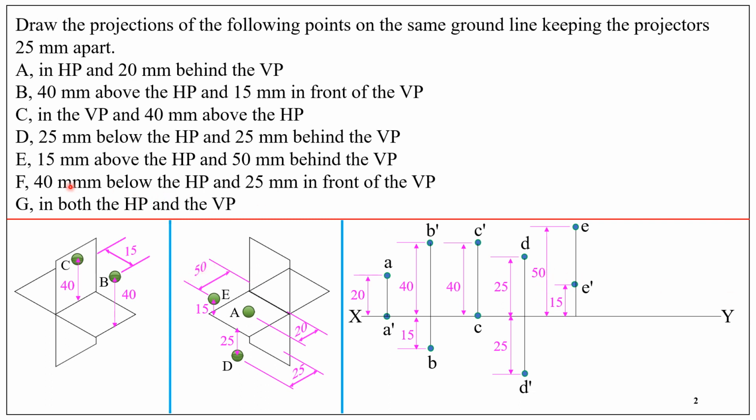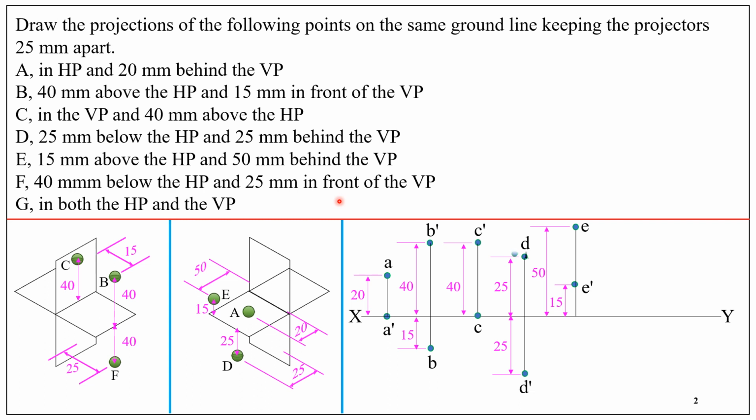Now point F, 40 mm below HP and 25 mm in front of VP. So F is in the fourth quadrant. This is from the keywords below HP and in front of VP, and the distances are 40 mm and 25 mm. When the object is in the fourth quadrant, both the front view and the top view will come below XY line.